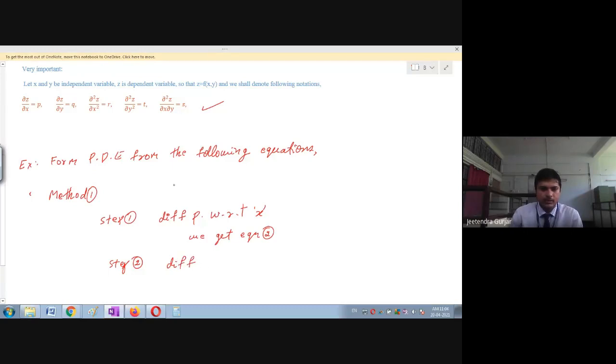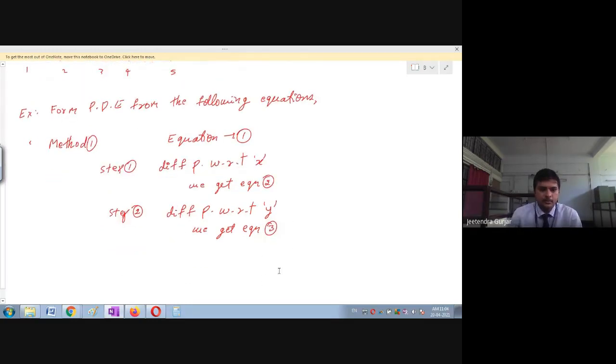Whatever equation is given, we keep it as equation 1. Then again we differentiate equation 1 partially with respect to y. Am I right? After simplifying and using all these formulas, 1, 2, 3, 4, 5, which you have already done very well, we get equation number 3.